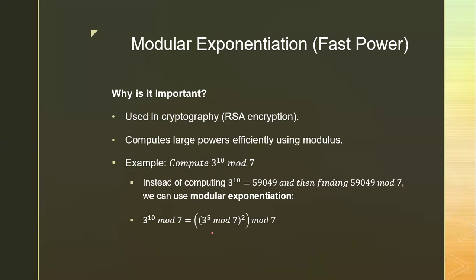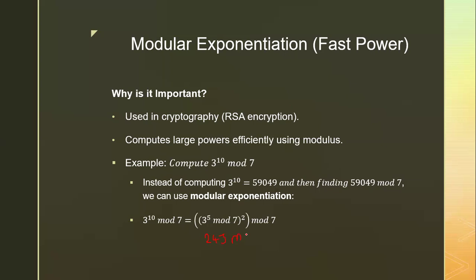Where's my calculator? Okay, so let's try to compute this. I've got my calculator here. So 3 to the power 5 is essentially 243, right?